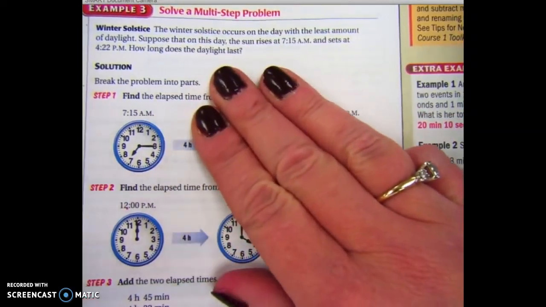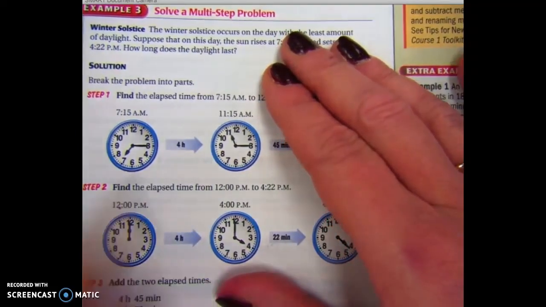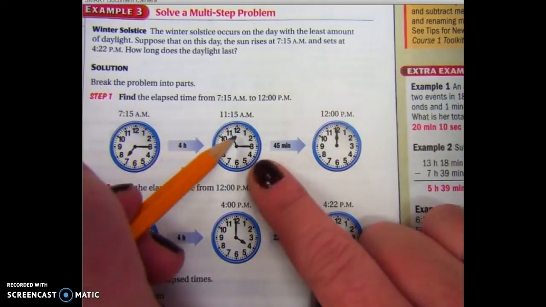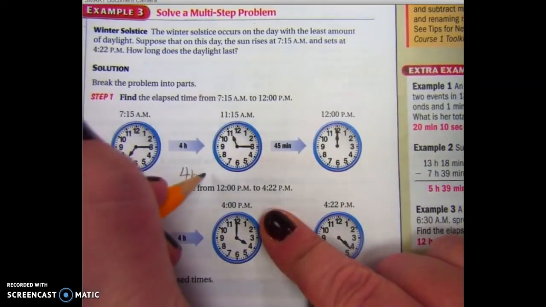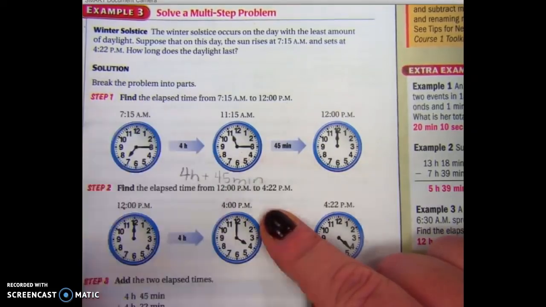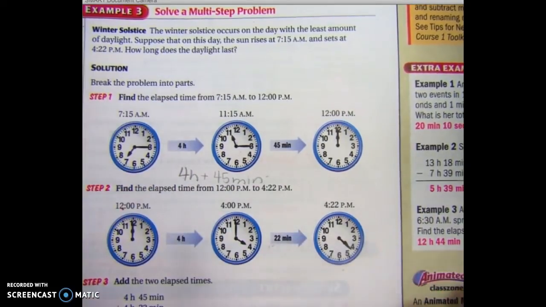So that's 4 hours, and I would actually do this on my paper. I would keep track that I went up 4 hours. So I'm at 11:15, but I need to get to noon, so I need to add 45 minutes. If you count up, you are going to find the difference between them is 4 hours and 45 minutes.